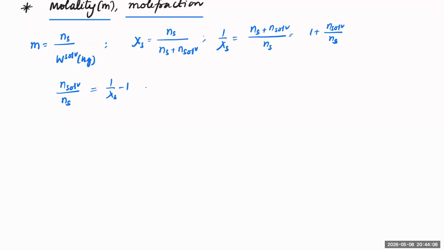So you can write this as the number of moles of solvent by the number of moles of solute is equal to 1 minus xs by xs. Now if I reverse this, I will get the number of moles of solute by the number of moles of solvent, which is equal to xs by 1 minus xs.